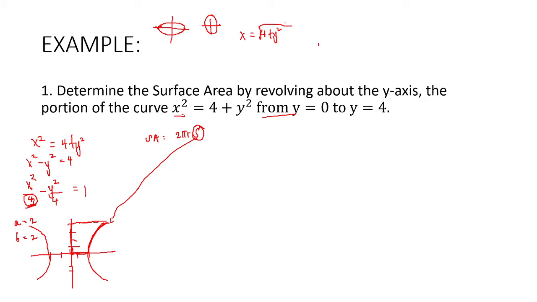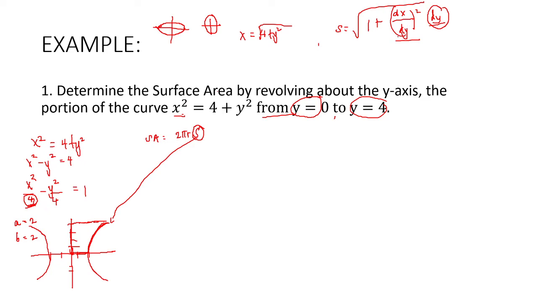And remember in our previous lesson, to get the arc length or the length of the curve, you have this formula s is equal to the integral of the square root of 1 plus dx over dy squared dy. Now we are going to use this. We're going to use dy since we already have the limits of 0 and 4. So our limits are 0 and 4, so it's very convenient for us to use dy.